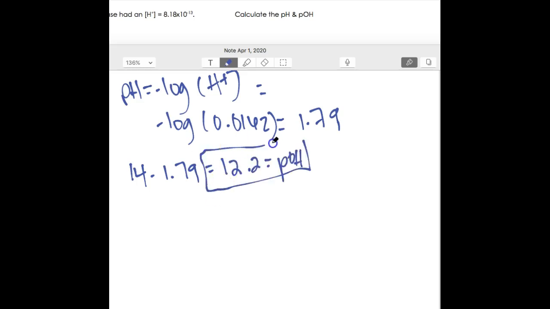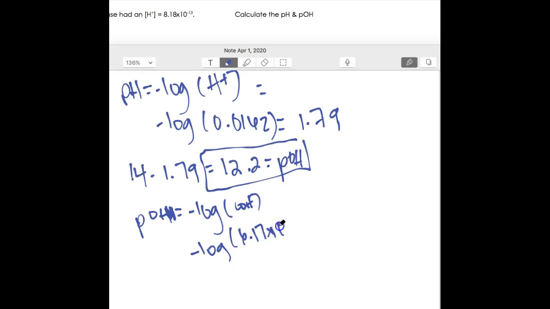So that's one way you could do it. You could also find the pOH by taking the negative log of the hydroxide concentration. The hydroxide concentration, 6.17 times 10 to the negative 13, and you'll still get somewhere around 12.2. It's okay if it's off by a little bit.